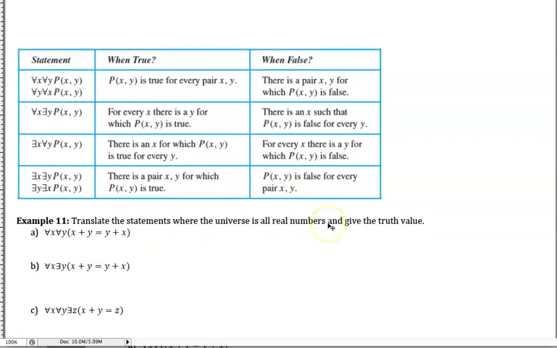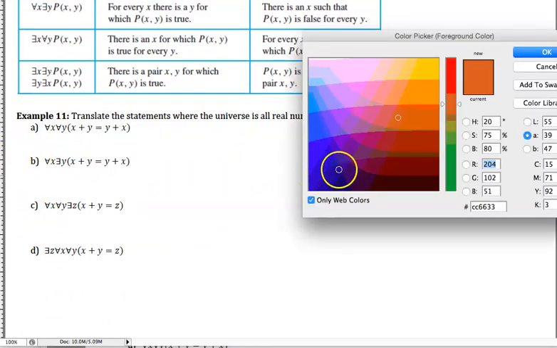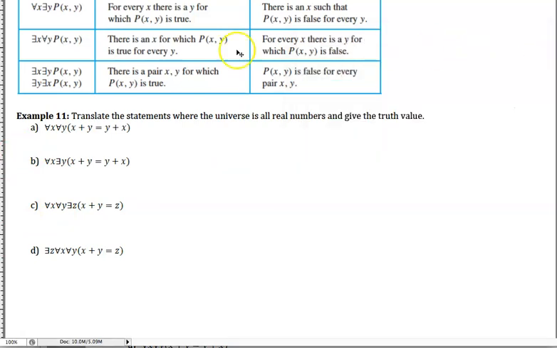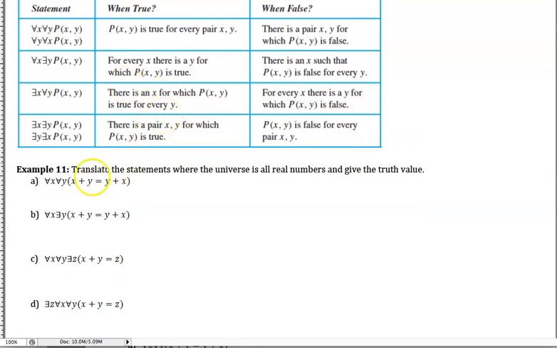All right, so let's look at example 11. Let's translate these right here. Okay, so I have two universal quantifiers. Again, it doesn't matter which order I put them in, but we can refer to the chart that says that this statement is true for every pair x, y.